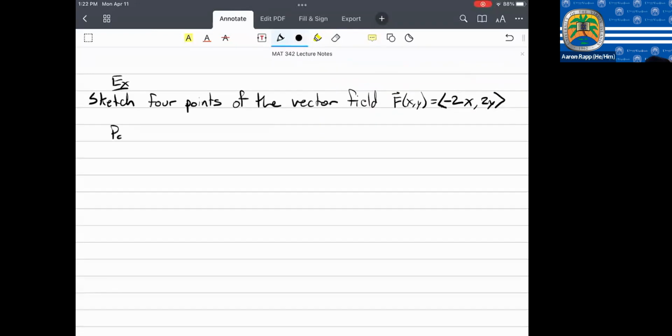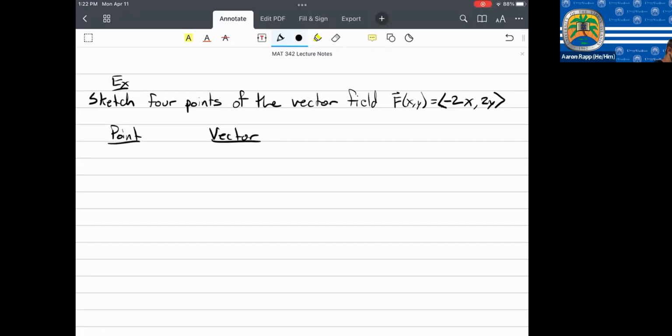So I need to get 4 points, and then from those 4 points, figure out what the vector looks like at those 4 points. So in the XY plane, someone give me 4 points, relatively close to the origin. Don't go too crazy on your values.